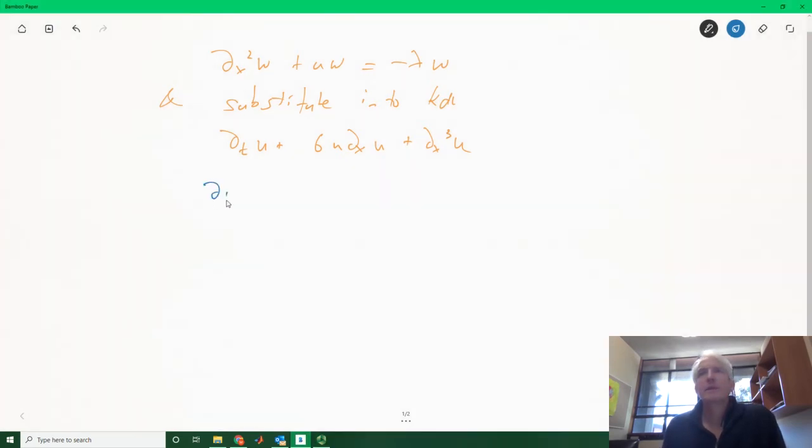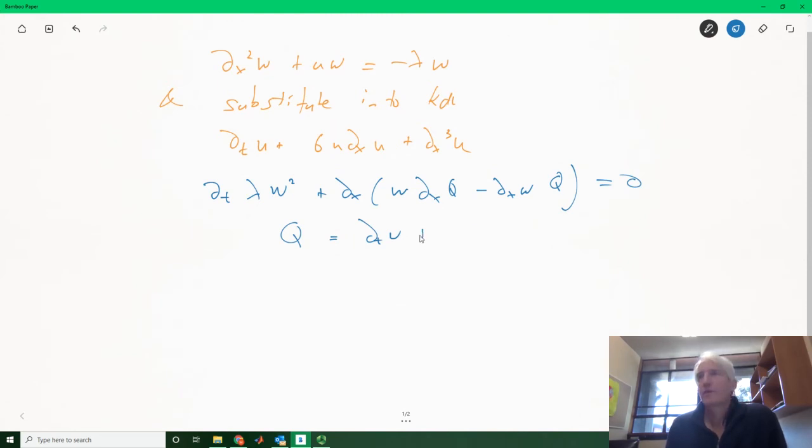is d by dt of lambda w squared plus d by dx of w dxq minus dxwq equals 0, where q is this expression here.